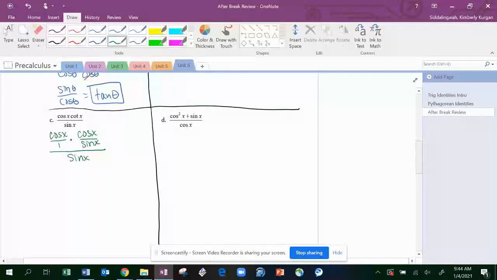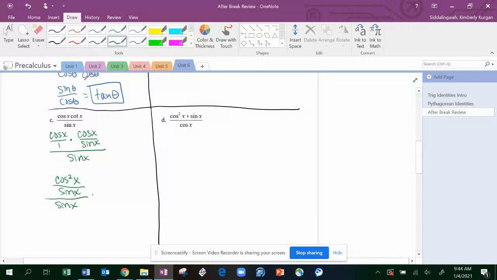A lot of fraction work going on, which may make some of you uncomfortable. I understand that. So we want to rewrite the two fractions that are being multiplied in the numerator. We want to write that as one fraction. So I'm going to multiply across. So I get cosine squared over sine, and that's being divided by sine of x.